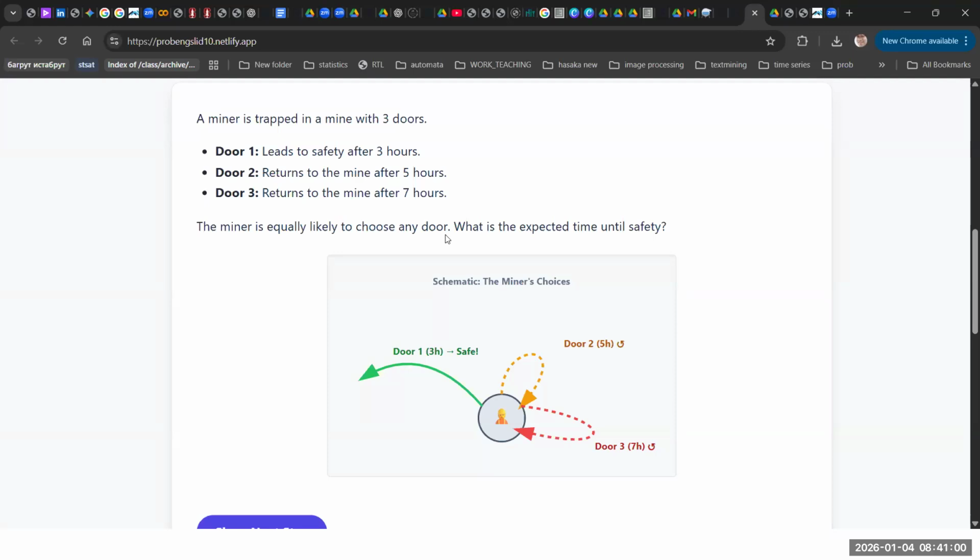There are many possibilities. He can choose door 2, again door 2, and after that he needs to return. It's not very easy to calculate these probabilities. It's a complex expression. If you want to find it, it's some number to the power n plus some other number to the power n, times some other constant.